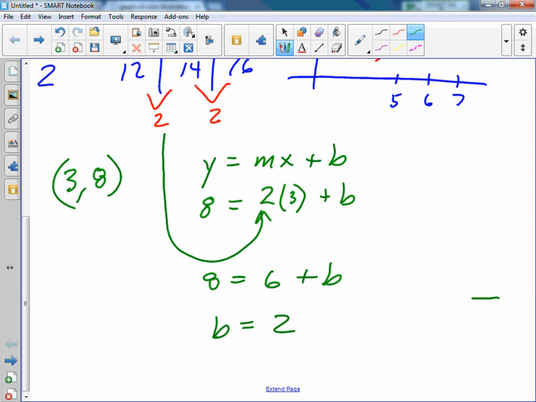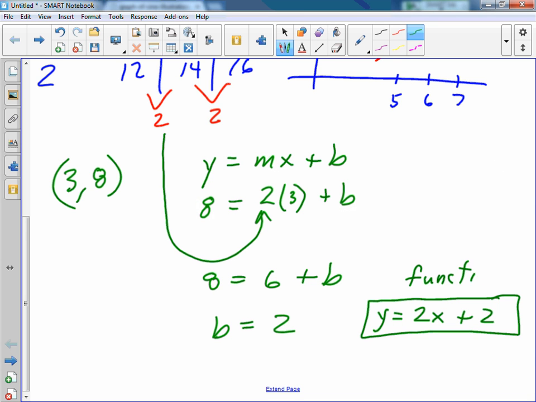So what would that equation be that would model this data? Whole thing. y equals, what would that be, Luke? 2x plus 2. Very good. 2x plus 2. And that, ladies and gentlemen, is a function. How cool is that?